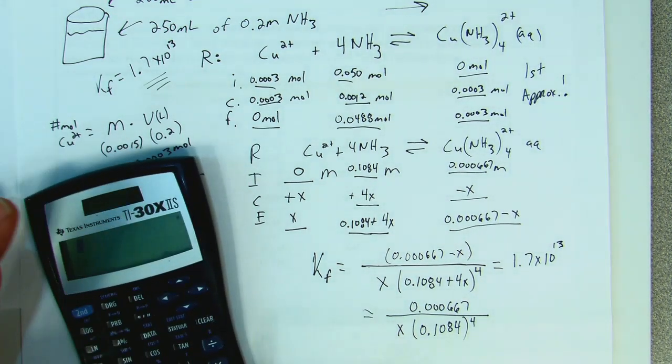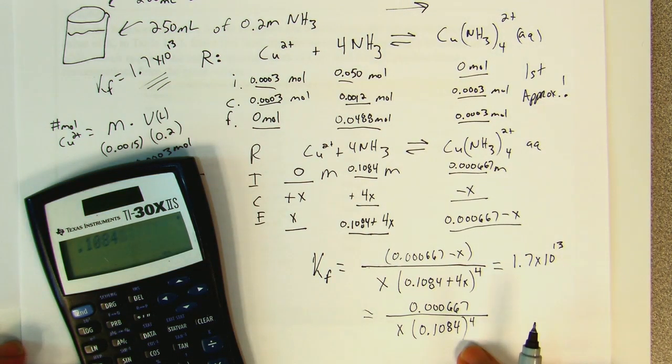I still got a little bit of work to do. It looks like I need to do the 0.1084 raised to the fourth power. Let me see if I can figure out how to do that on this calculator real fast.